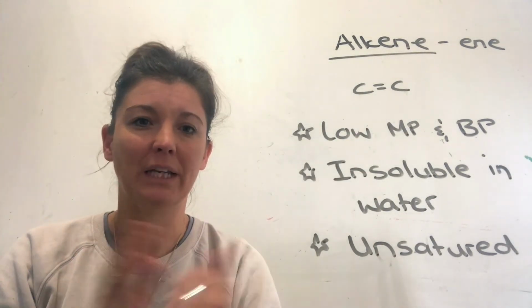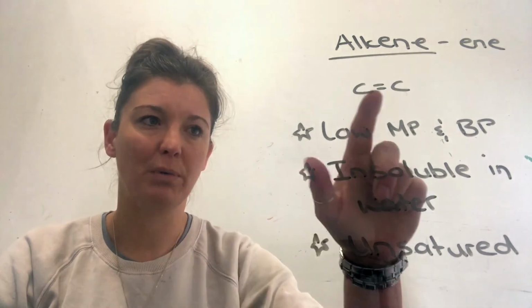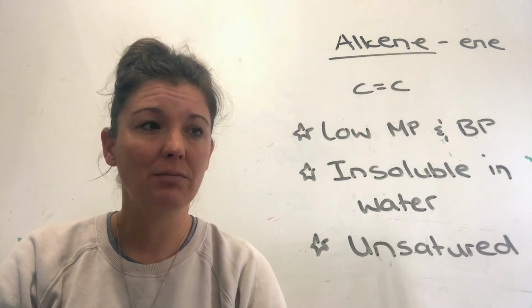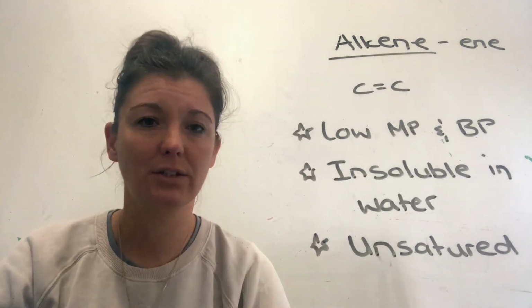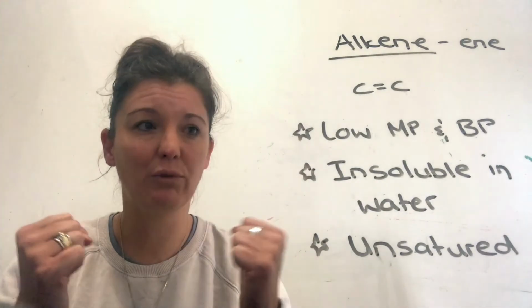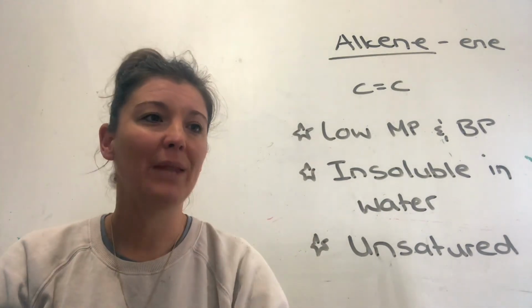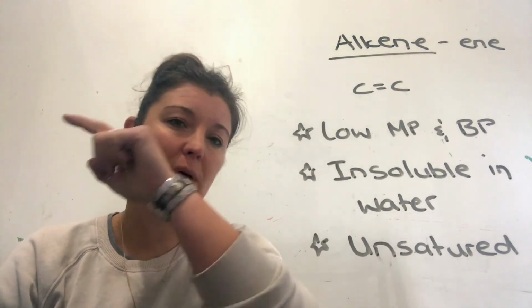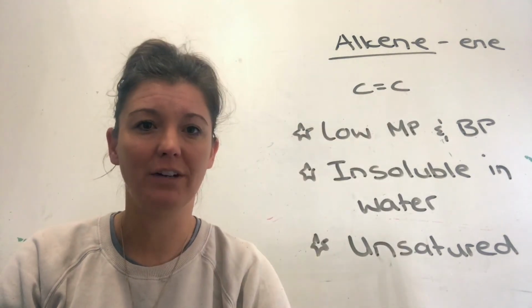And we looked at how we can give them H2, so both of them could grab onto H's. We could give them Br2, so they grab onto Br2. We could give them water, so one will grab onto an H and the other one will grab onto the OH. And we can give them another alkene, so they grab onto each other to form a long polymer chain of alkanes.